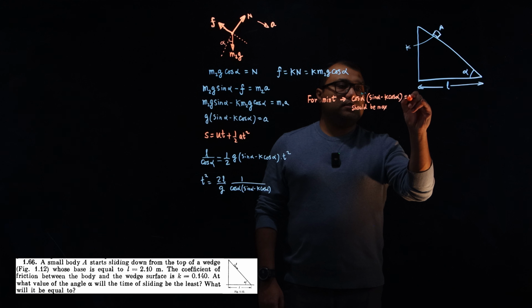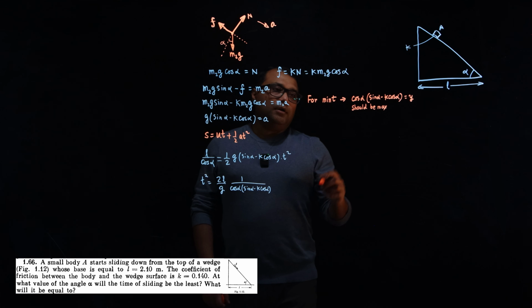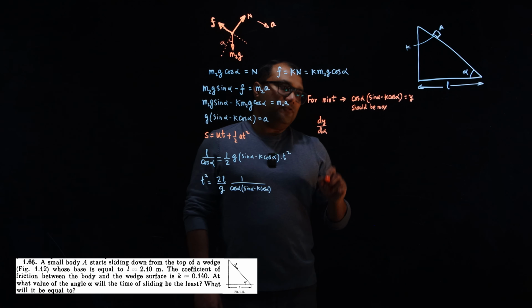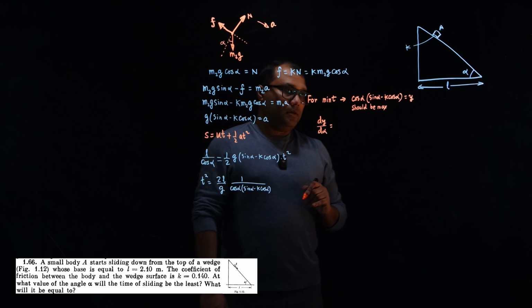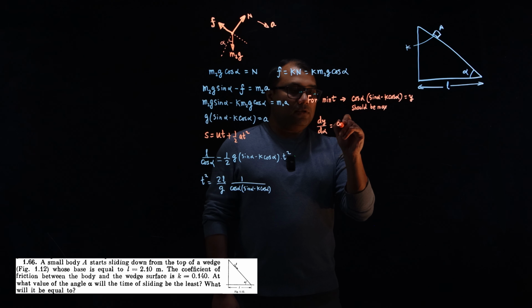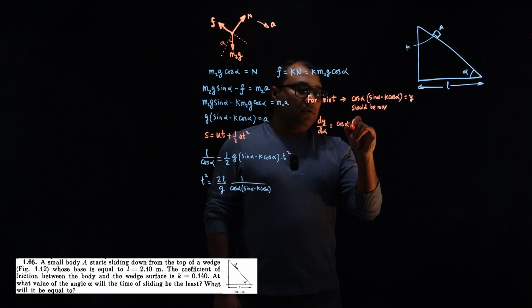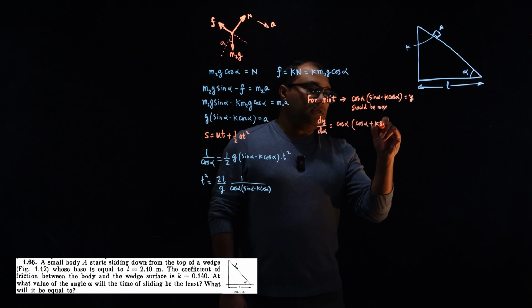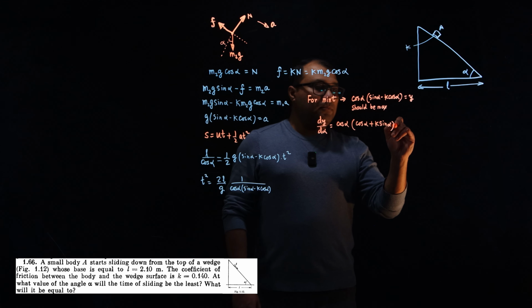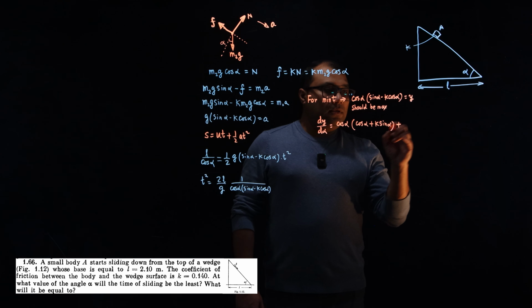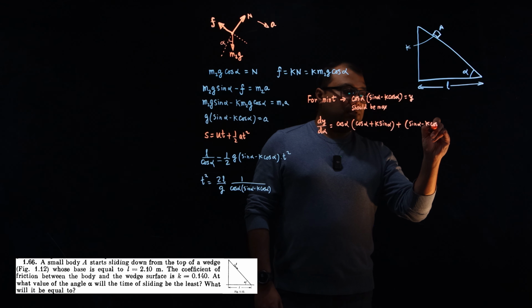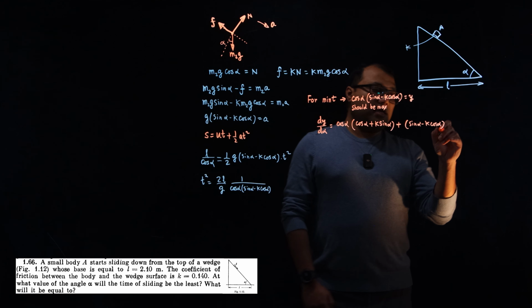Now let's say this is y. Now to find maximum y, we can do dy by d alpha equals 0. So first let's do the differentiation. So that is cos alpha times cos alpha plus k sin alpha, plus sin alpha minus k cos alpha times minus sin alpha.